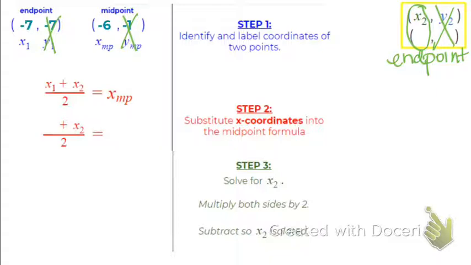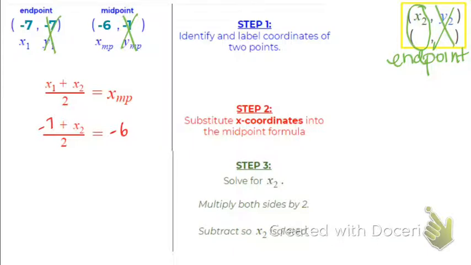So if I know that x1 is -7 and I don't know what x2 is, then I can just put in my -7. I don't know what x2 is, but I know if I add those two together and divide by 2, it's going to give me the x coordinate of my midpoint. So this is the equation that I'm going to solve and try to figure out what is that x2.